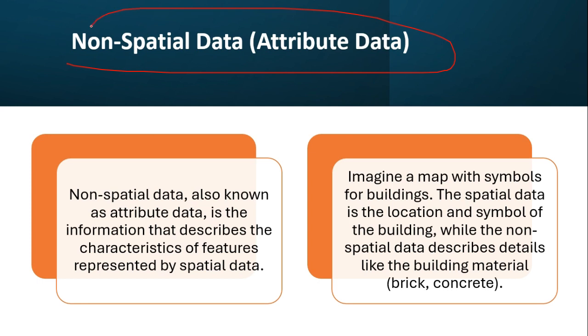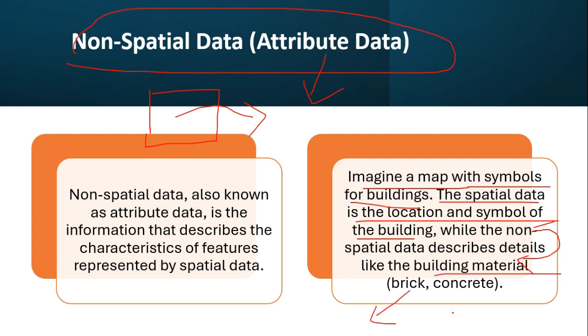Now we have non-spatial data, also known as attribute data, that we already learned about. When we add more information to spatial data, that is known as attribute data. For example, imagine a map that has symbols for buildings. The spatial data is the location and symbol of the building, while the non-spatial data describes what the building material is, what brick type is used in the building, what the concrete type is. So when this other information is added to spatial data, that is known as non-spatial data.